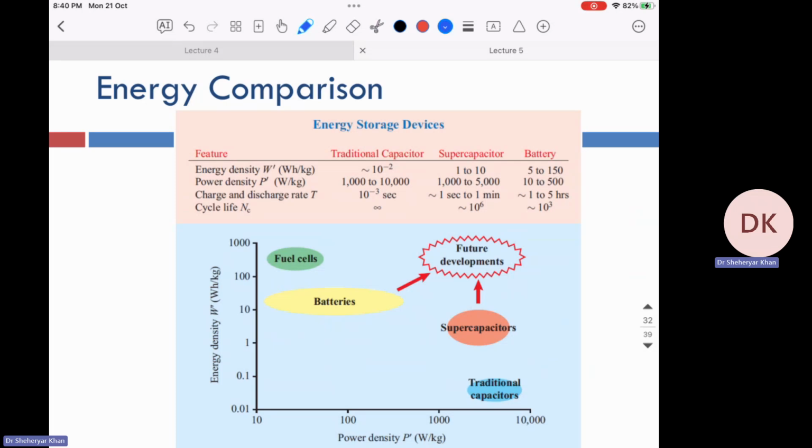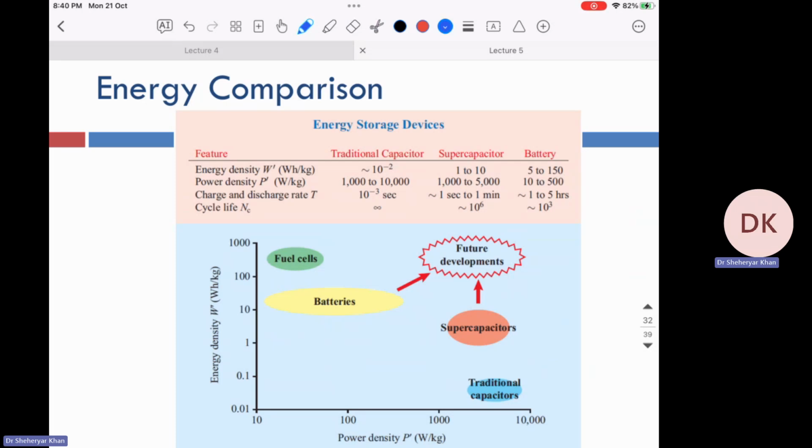Have you seen the camera flash? You just use a 12-volt battery in your DSLR, and it can flash very high. So they can provide an impulse, a huge amount of voltage and current. Now the problem is they can't do it for a longer time, right? So these are at two corners.